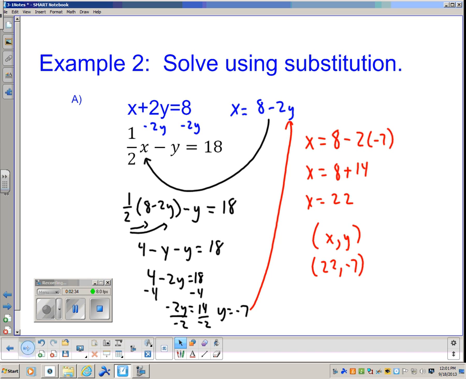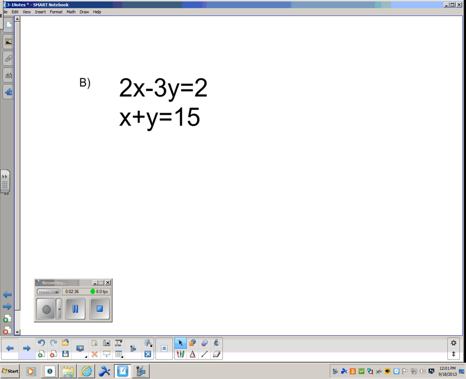So let's go ahead now and try another example here. We have 2x minus 3y equals 2. That first equation doesn't have a 1x or a 1y there. So I'm going to work with the second equation, and I'm just going to get it as a y equals. I'm going to subtract x. I could have said x equals as well if I wanted to. Now that I have y equals 15 minus x, I'm going to plug that into the other equation.